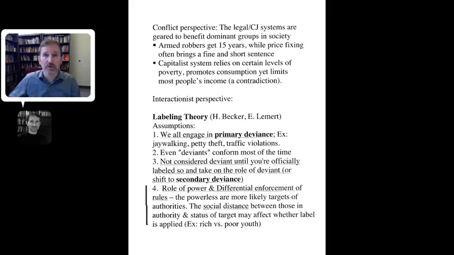Also important, though, again, is the role of power and differential enforcement of law related to this. Powerless people are far more likely to be targeted by authorities because, frankly, it's easier to target them. And studies have shown that the social distance between a person who's in authority, okay, and a target can affect whether or not a label is applied.